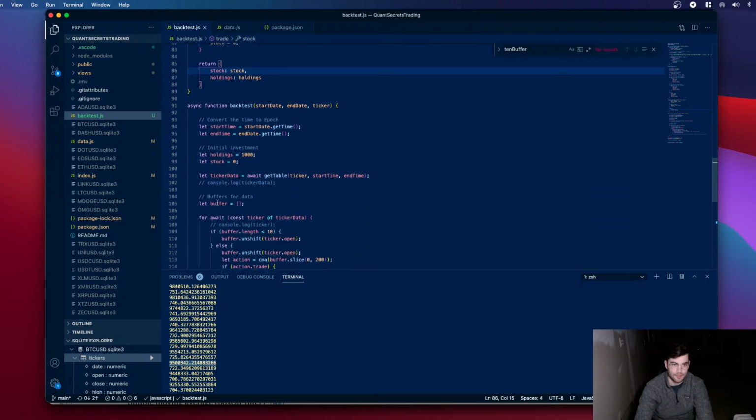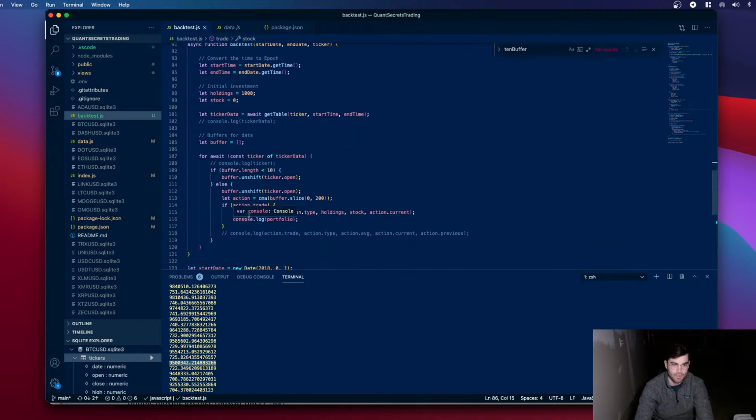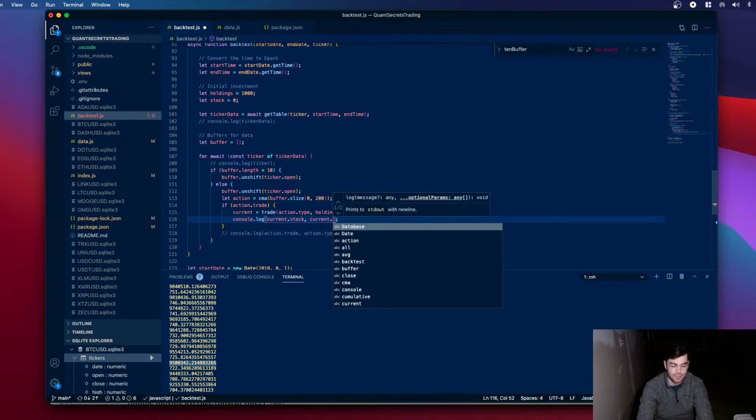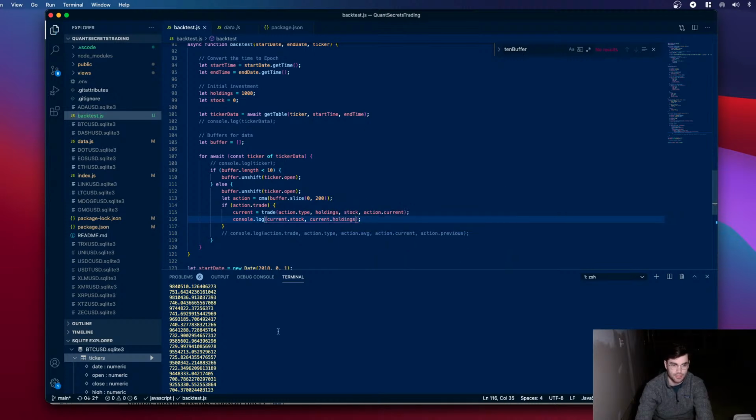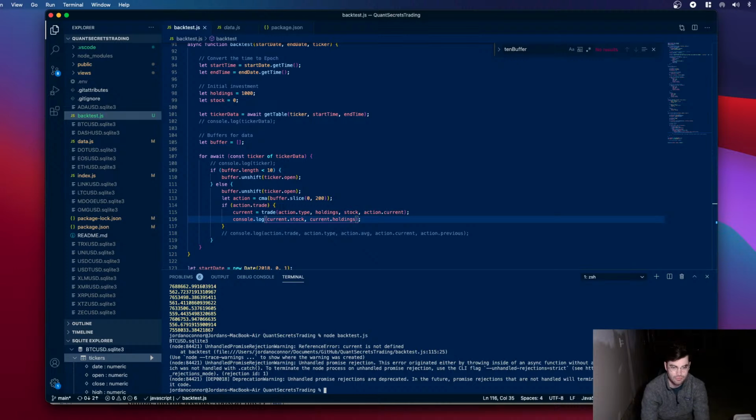And then what I'll do is I'll just say current, and this will be current dot stock, current dot holdings. I don't know, try something like that and see what happens. Current is not defined. Oops.